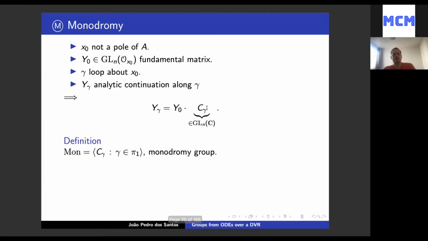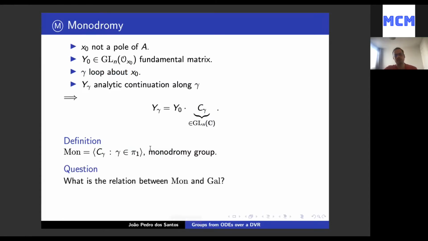And of course, the group that you will obtain, the monodromy group, is the group of these transformations C_gamma. Monodromy means that here you can quotient out, so you kill homotopic paths. The reason this is a group is that this C_gamma will depend uniquely on the homotopy class of gamma. So you get this monodromy group.